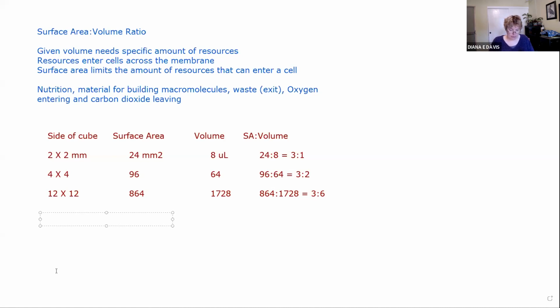One of the things this means is that a large number of smaller cells can do more work than a single large cell. Simply because a bunch of smaller cells that have the same volume as one large cell will have a lot more surface area.